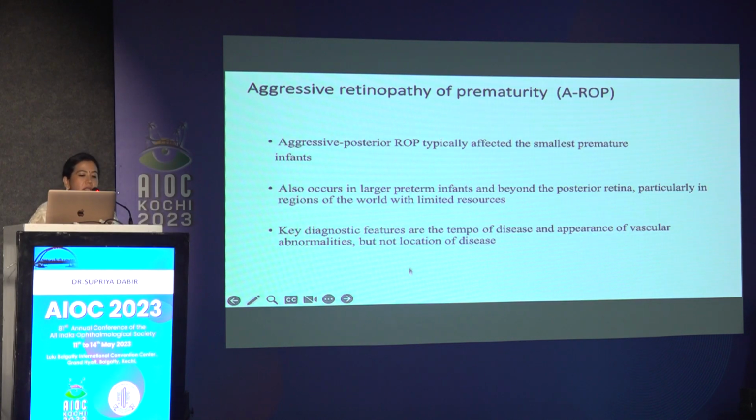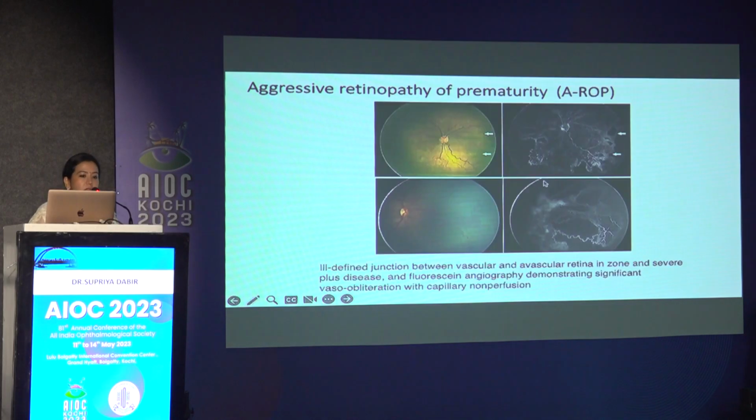So how it's defined is basically the tempo of the disease, how aggressively and how fast it appears and progresses, and not necessarily the location of the disease. So the posterior has been dropped and it's been reclassified as aggressive ROP. Here you can see the dilatation, tortuosity, the very ill-defined junction between vascular and avascular retina, very well seen in this fundus fluorescein angiogram, and significant capillary non-perfusion area seen here.